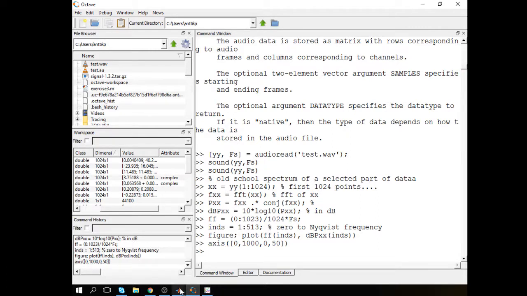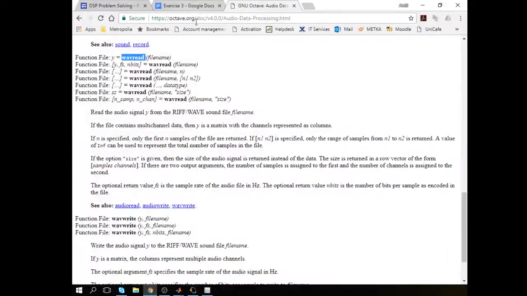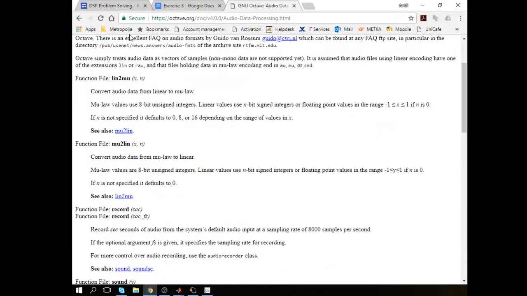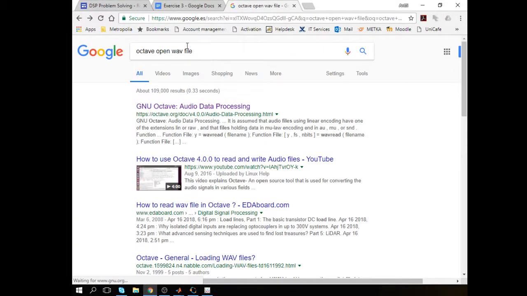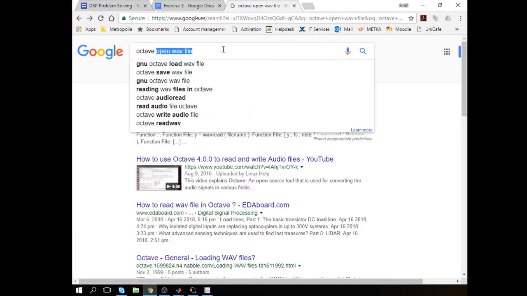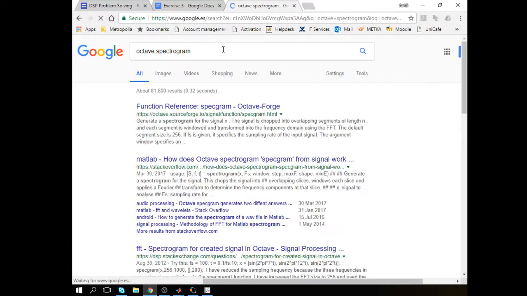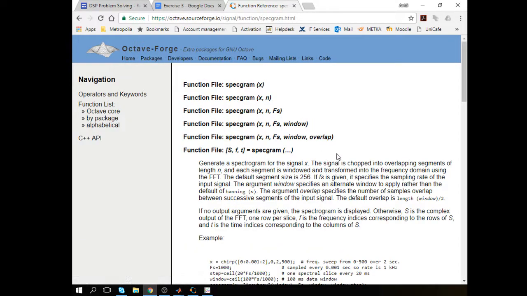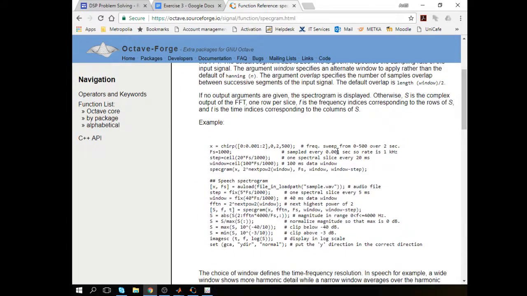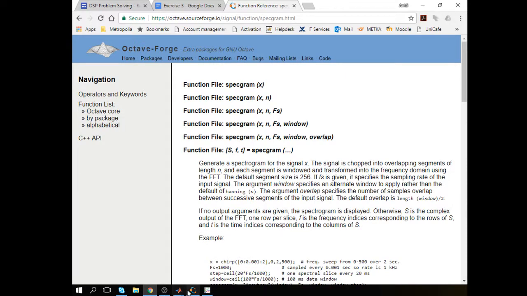And now you actually have something different than I. You have spectrogram, but I think I have specgram. Yes, I have the old-fashioned. They are somewhat the same, but not exactly. We'll see.